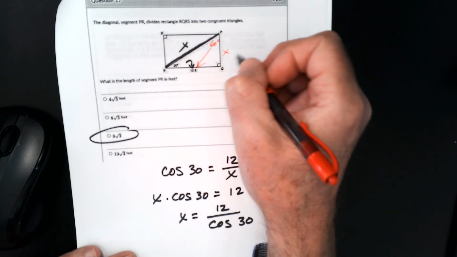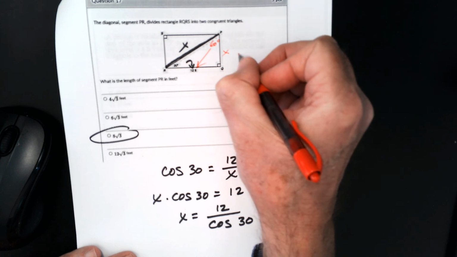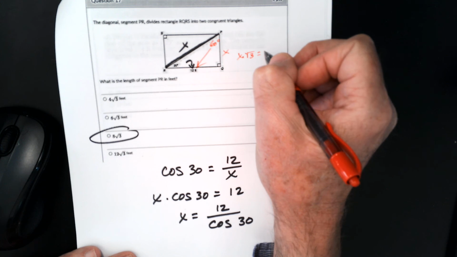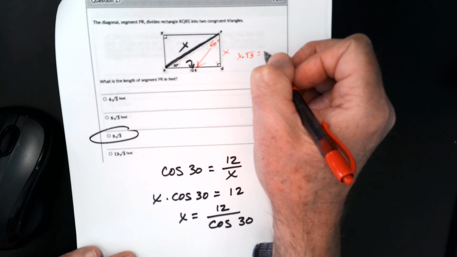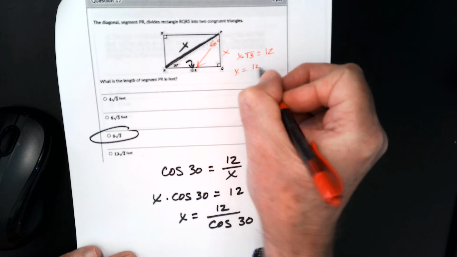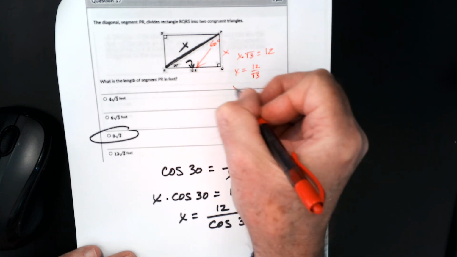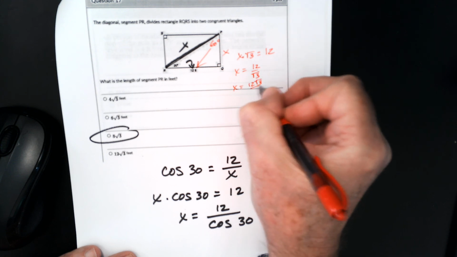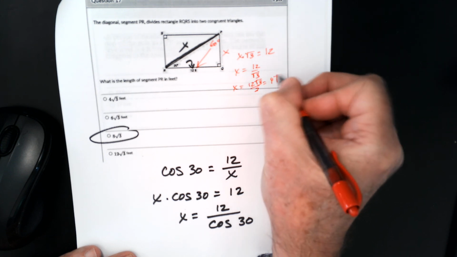All right. So we've got x times the square root of 3 is equal to 12. All right. So dividing both sides by the square root of 3, and rationalizing the denominator, we get 12 square roots of 3 over 3, which is 4 square roots of 3.